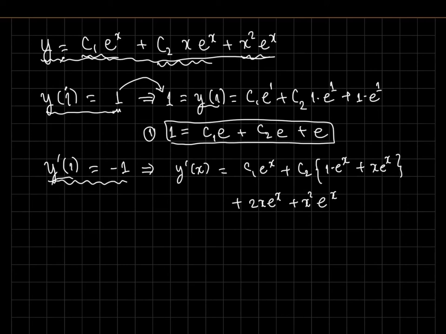And now we just substitute the given here. So let's put negative 1 first. So negative 1 equals y prime of 1, and let's substitute the 1's here for x's. So c sub 1 times e plus c sub 2 times e plus e, and then we have 2e plus e.